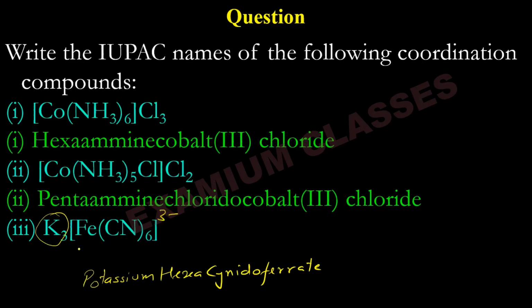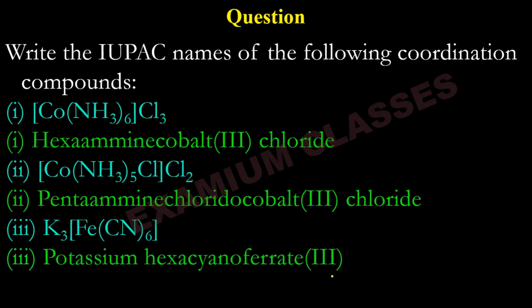So if iron has oxidation state X, cyanide has oxidation state -1, so X - 6 equals -3. So X from here will be +3. So you will write ferrate(III). That is the answer: potassium hexacyano or hexacyanido ferrate(III).